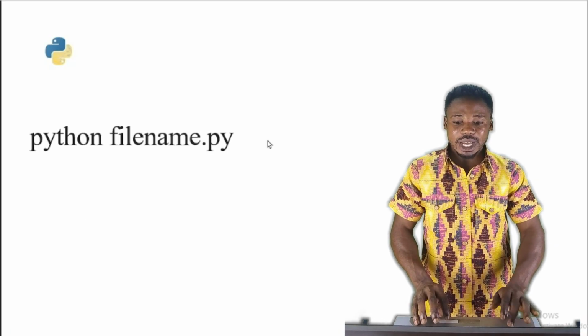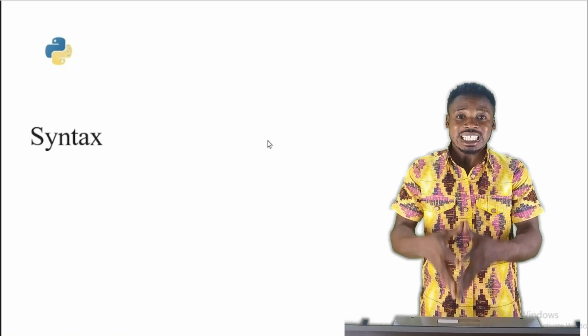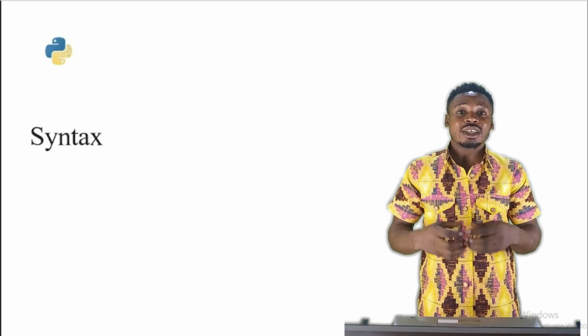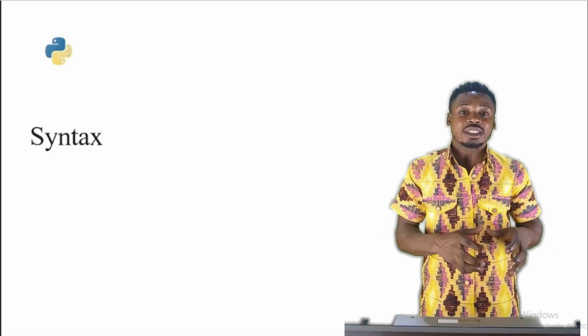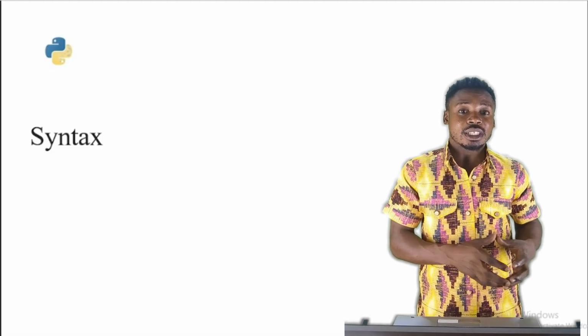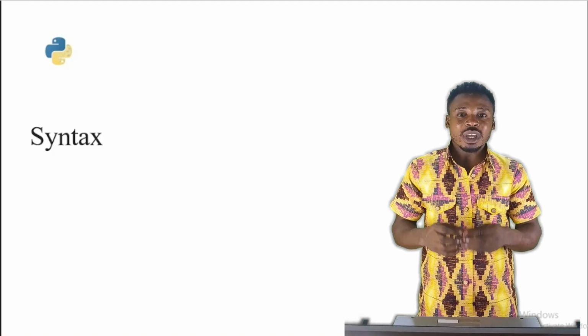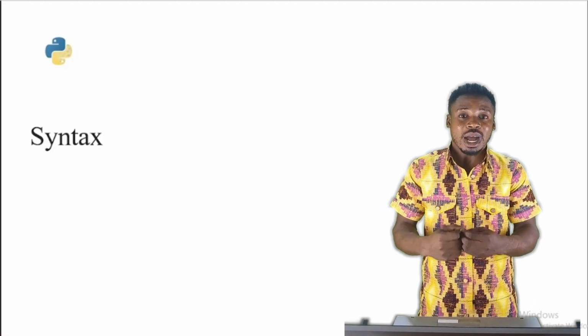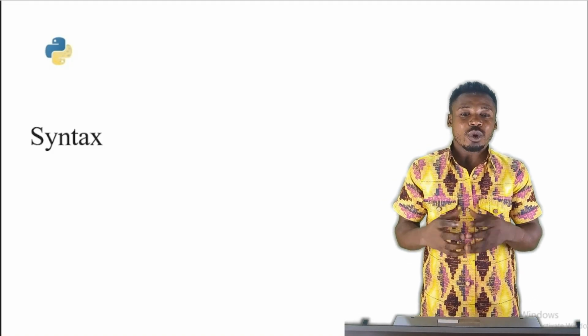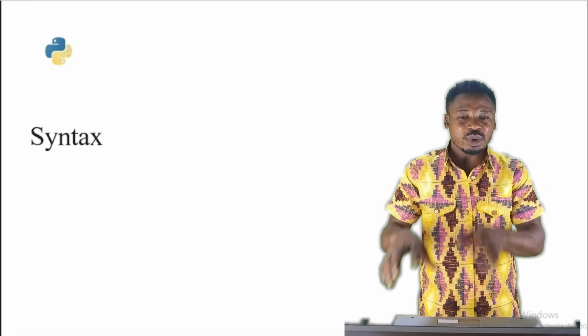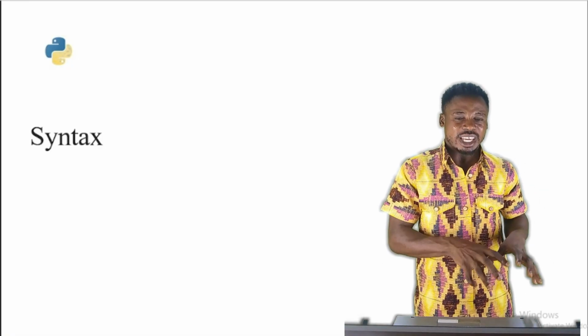Whenever we are typing our Python code, we must follow what is called syntax. Syntax is like the rules that govern the programming language that is being used. So if you do not follow proper rules, you will end up not completing your thoughts in the way the programming language was designed.